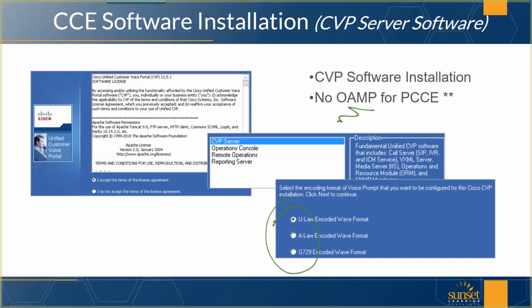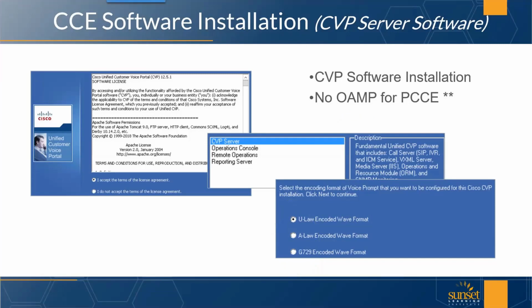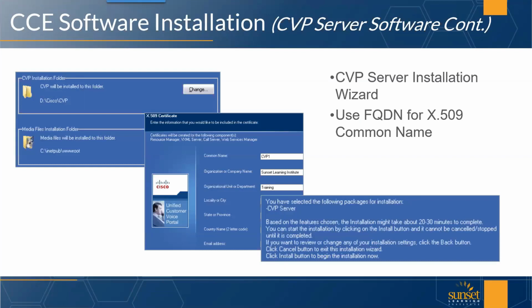And then lastly, we've got another CVP slide, sorry. And there's some important points on it. I can't believe I left them out. There is the CVP server installation wizard that you'll just hit the button and boom, that software is installed.